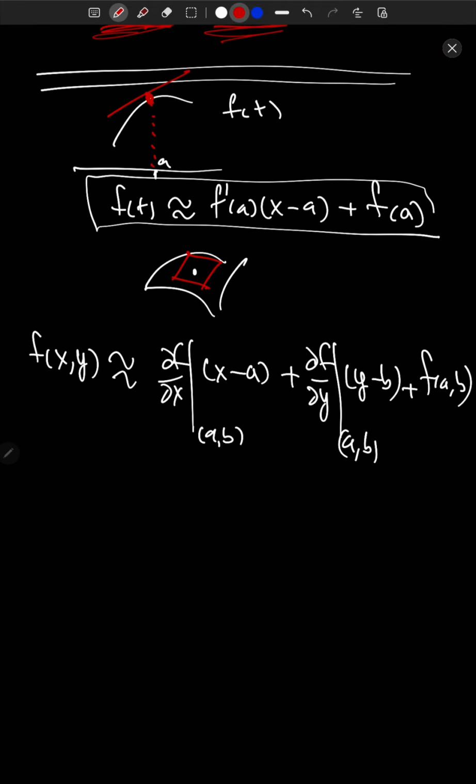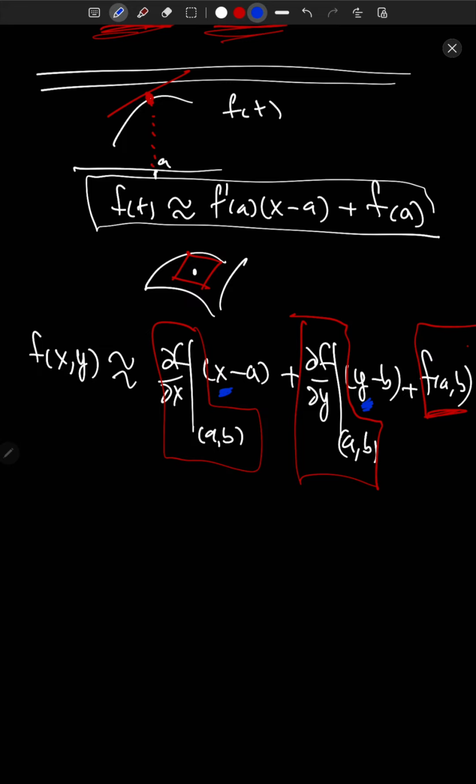It looks kind of terrible, but this is a constant, this is a constant, and f(a, b) is a constant. So the right-hand side is super simple because the only variables are x and y.